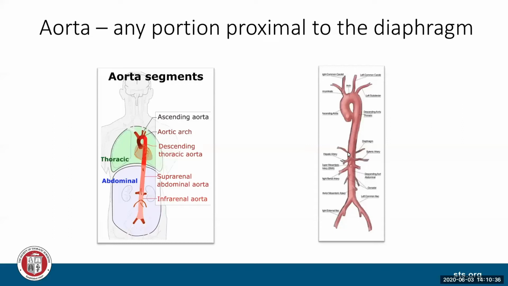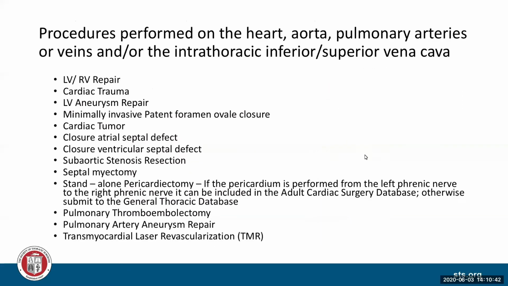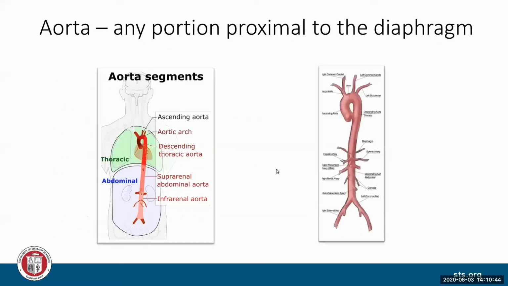So even if the procedure involves the distal portion or the abdominal aorta, which is the section below the diaphragm, if any of the procedure extends above the diaphragm, then it needs to be included in the STS database for adult cardiac.